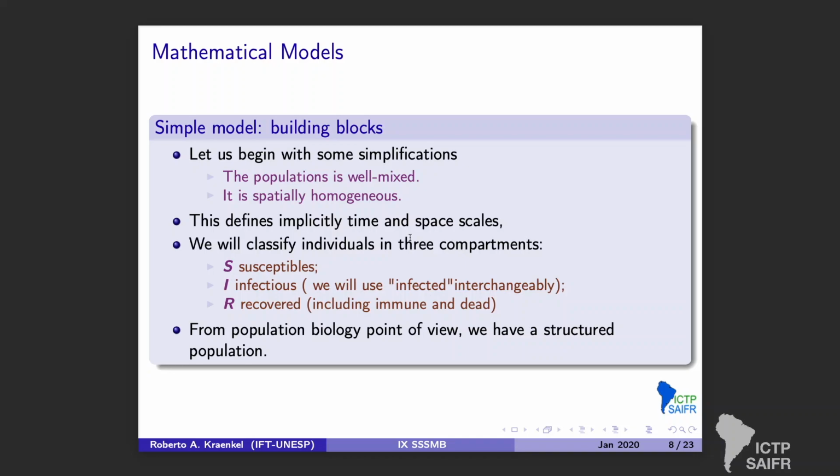But here the simplest is just one class of infectious people, and then the infectious people that get recovered, which we will include through immunity. Or, from the point of view of the model, they could also be dead, because a person will not transmit anymore. So that's the structured population.